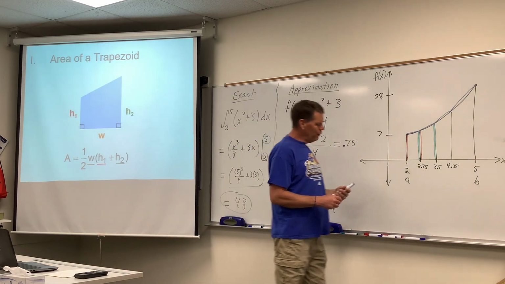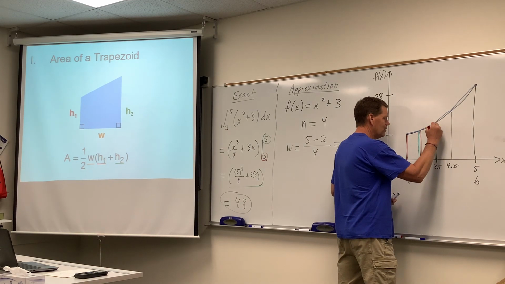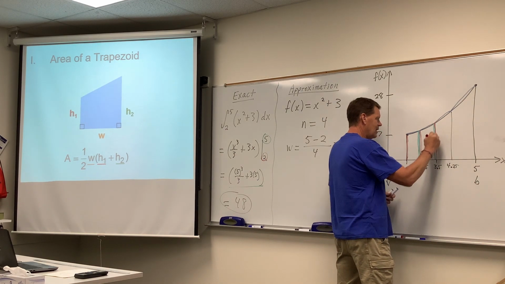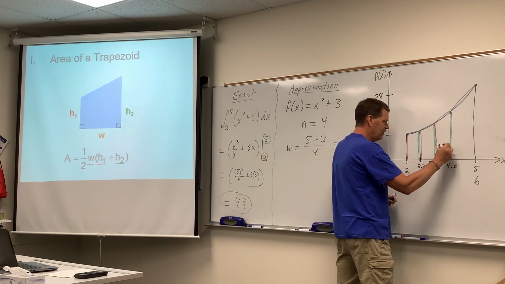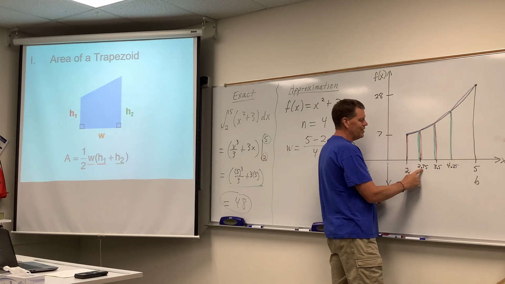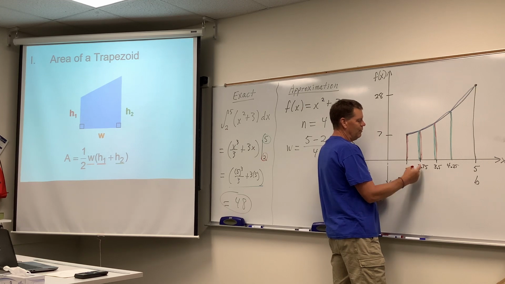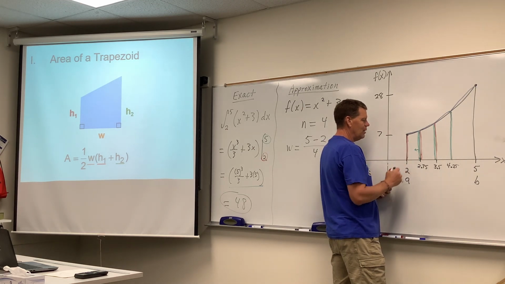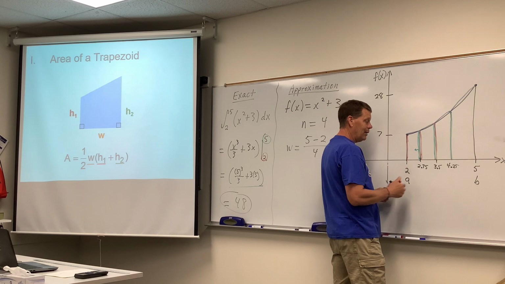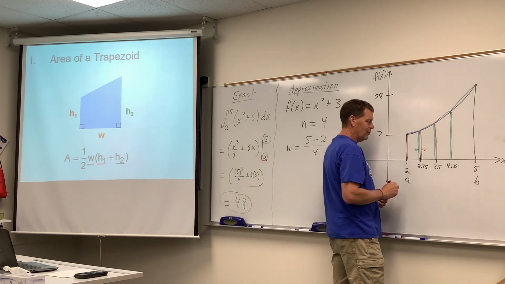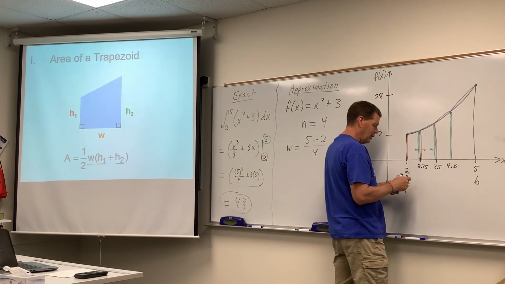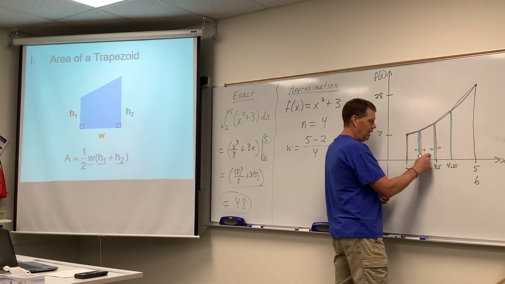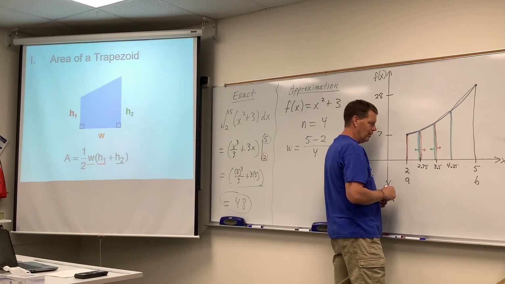And so what I'm hopefully establishing for you as we transition across here is that each of these numbers in the middle are going to be involved in two trapezoids. 2.75 is going to be the right edge of the first trapezoid, and later on, the left edge of the second trapezoid. And similarly for all these others, each one of these middle numbers is going to be involved in two different trapezoids.